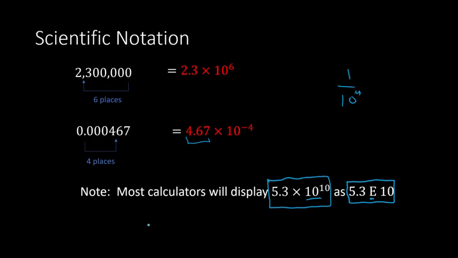If it was, let's say, 4.7 times 10 to the 8th power, your calculator would write that as 4.7 E8, which means 10 to the 8th power. So take note of that when you're doing different calculations on your calculator.